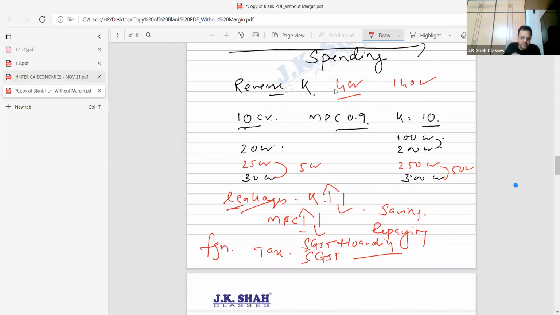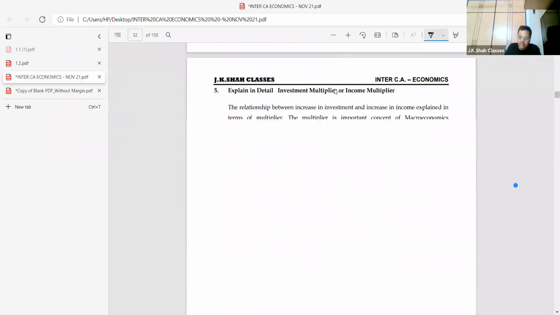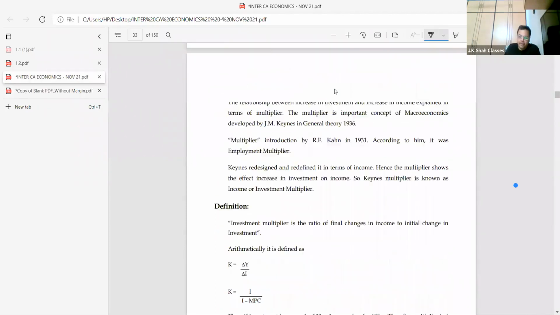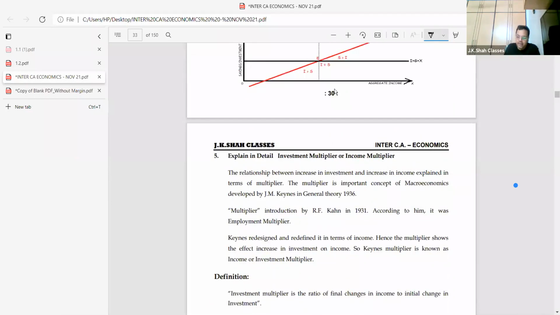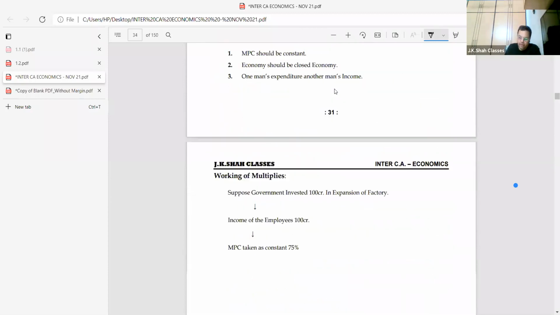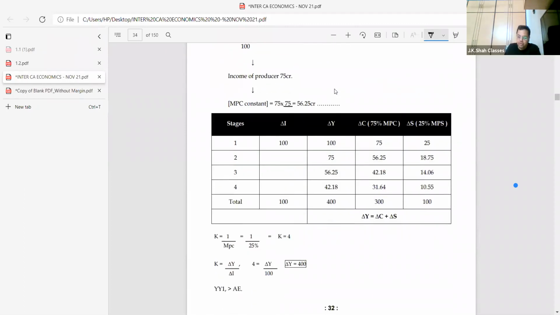So leakages by these points will be there. Just we'll have a look. I was told it's given in this particular material. We'll see this. Yeah, it comes here. Explain in detail investment multiplier or income multiplier. Chalo, theek hai beta. Achha, before that, students, please, one of you go through this table.